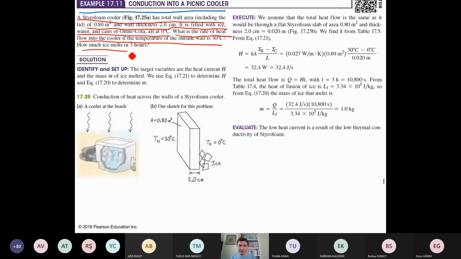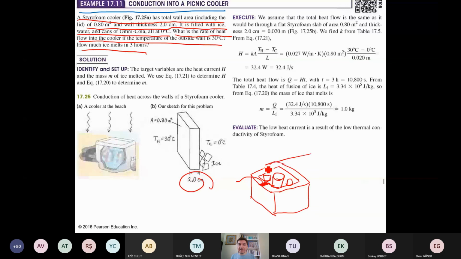This is the question. So we have this cooler. It is made from styrofoam, okay? It has a certain thickness, 2 centimeters, and we have water, ice cubes, and also cola within it, and it also has a lid. The lid is also made from styrofoam with the same thickness.